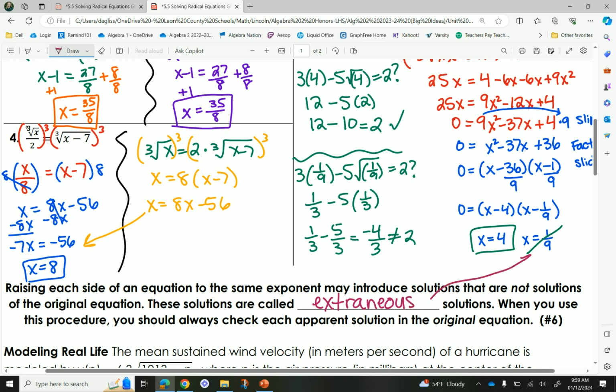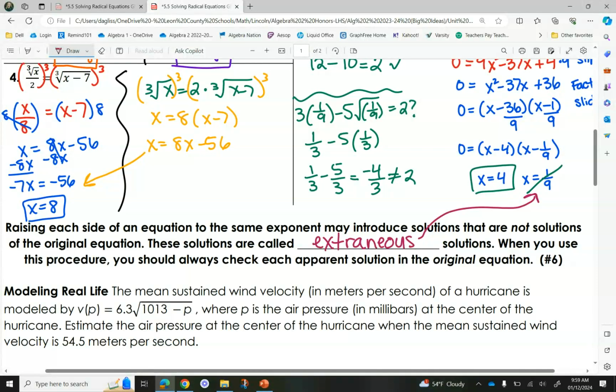So that's what 1/9 ended up being. It was a solution to the factoring, but it wasn't a solution to the radical equation. When you use this procedure, you should always check each apparent solution in the original equation. So again, this is a big deal. When you get more than one answer, you have to check them.